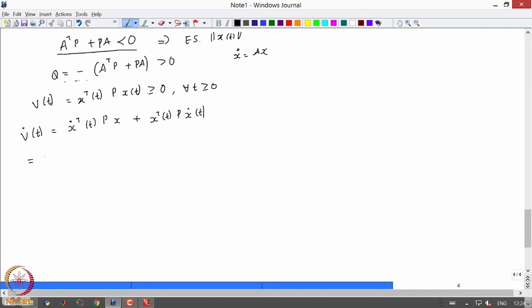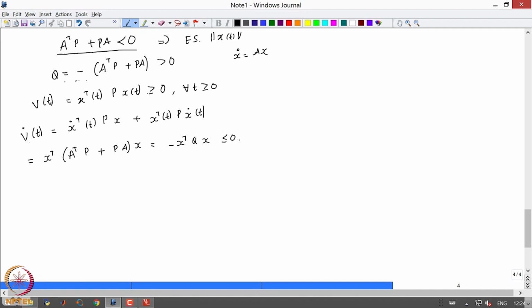So what I get here is x transpose (A transpose P plus P A) x. What is this? Minus x transpose Q x, and this is less than or equal to 0. Okay. So this is what I have now.